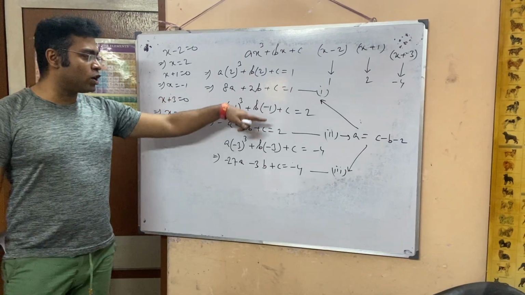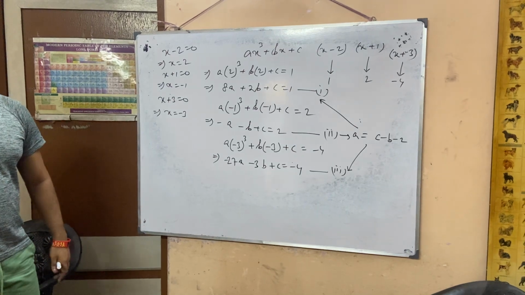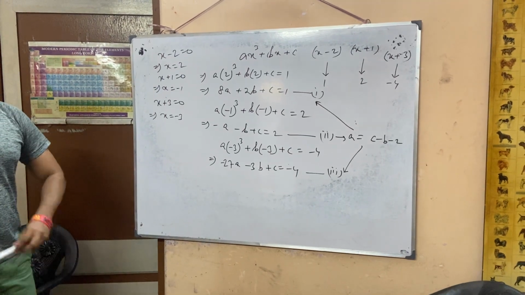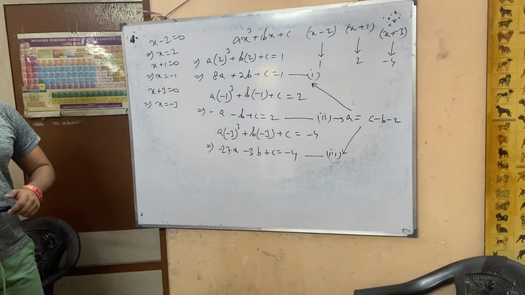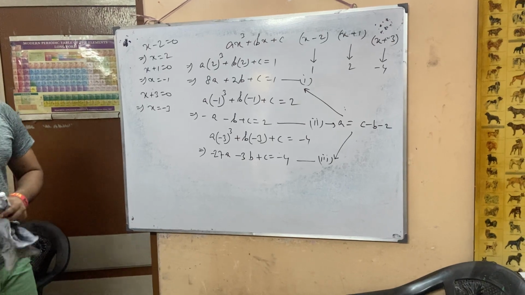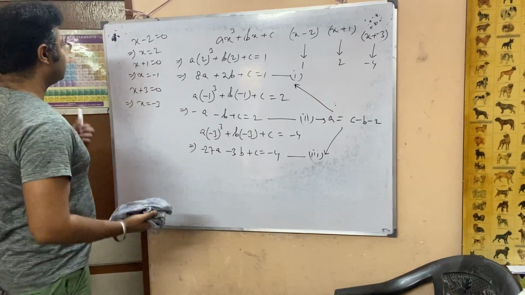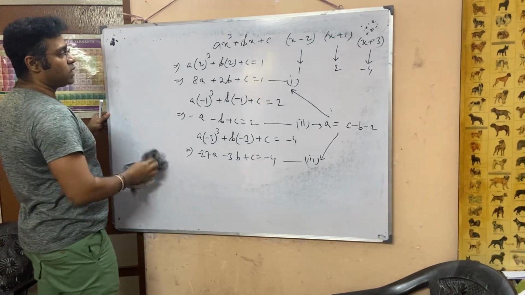Just 3 equations. Write it down in your book or copy. Just 3 equations I need: 1, 2, 3. Okay, done. When I ask later, please tell me the equations only.